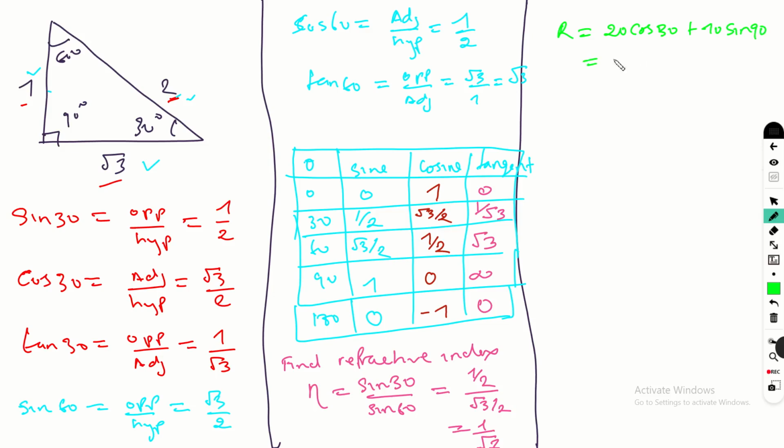It will be 20 times root 3 on 2 plus 10 times what? 1. So your answer will be 10 root 3 plus 10. This will be your answer in surd form. But if you can use a calculator to make the answer into decimal, it's no problem. But that's the answer. I just want you to know how you can do the calculation without using a calculator.